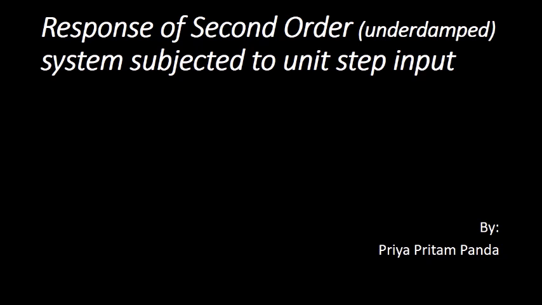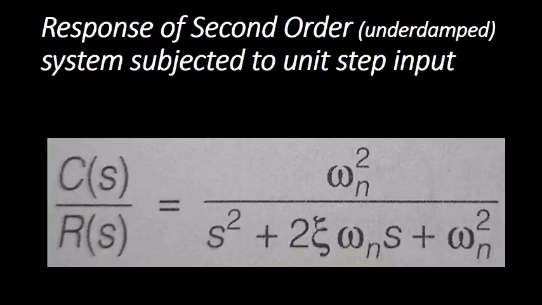That means the system oscillates first when some change happens, then it tries to become stable with some other final value.